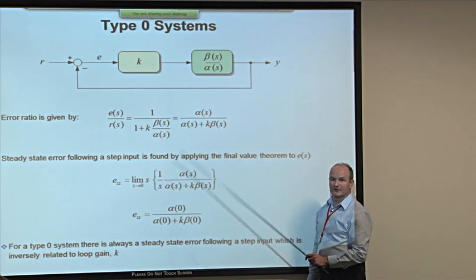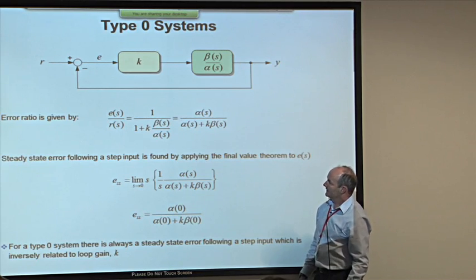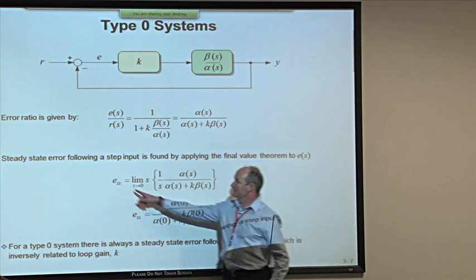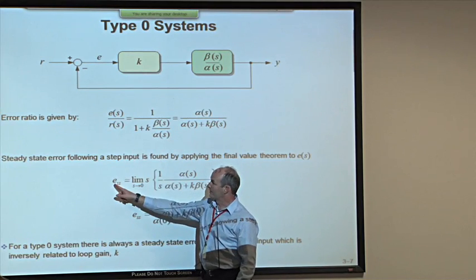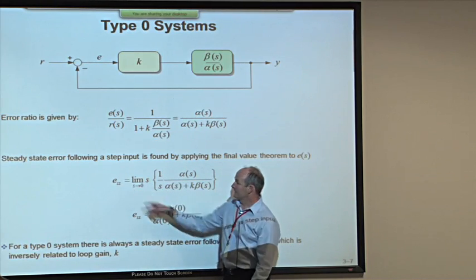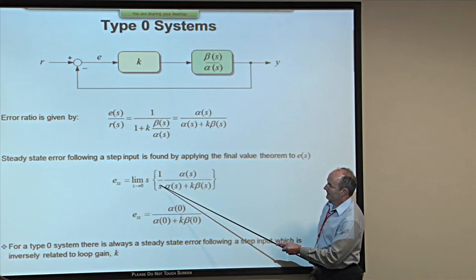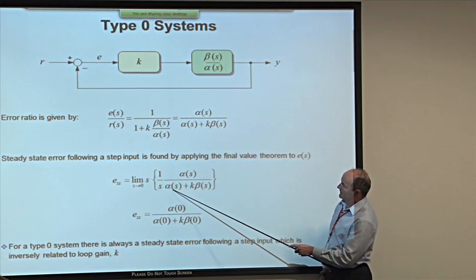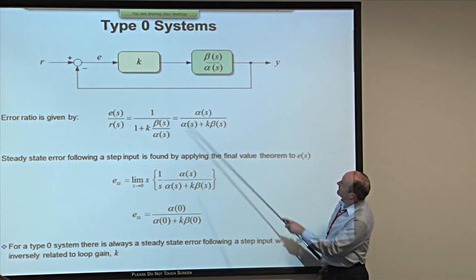And now we can apply the final value theorem of the Laplace transform, remember from chapter 1. The final value theorem gives us the steady state error, the steady state difference between input and output. And we multiply all this by S, and take a limit as S tends to 0. Well, what do we get? Well, these S's cancel. And so what we're left with is, well, there's got to be a constant term in here, because I told you that it was a type 0 system.